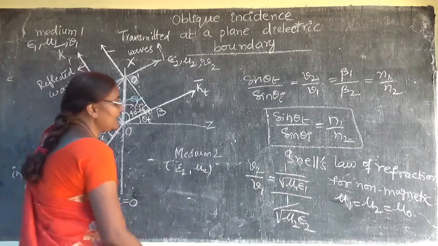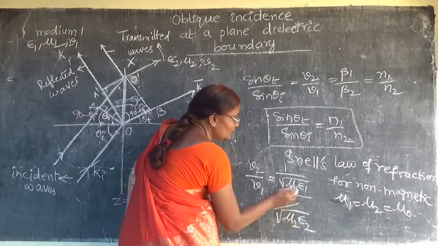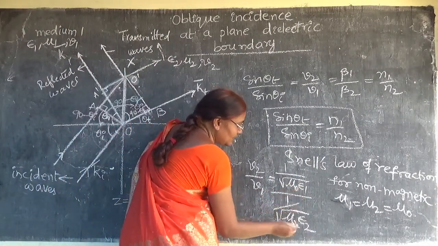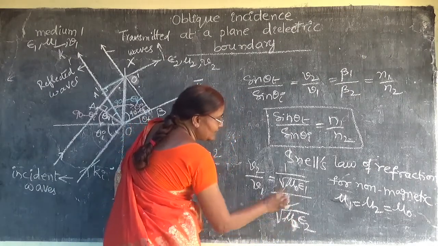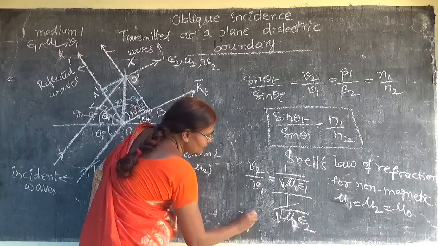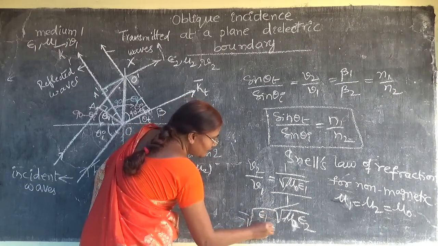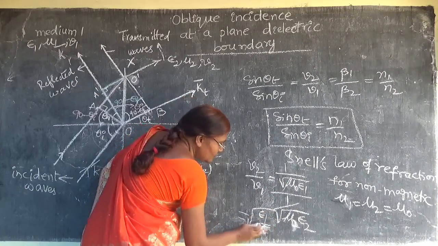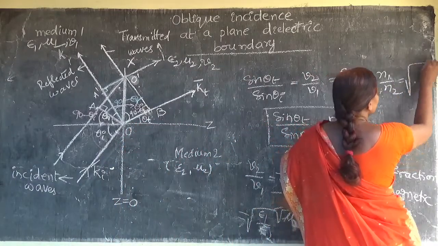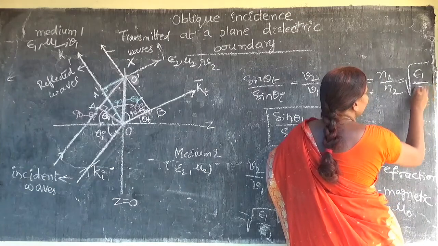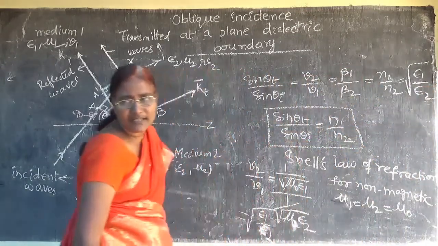So instead of mu1 and mu2, I can write mu naught, and these two will be cancelled out. So what I will get is the root of epsilon 1 by epsilon 2. So this is another formula.